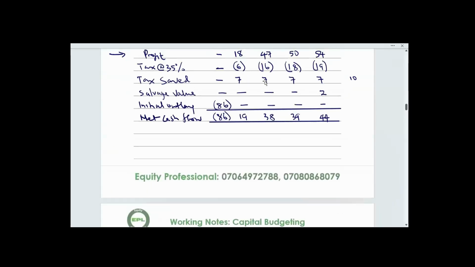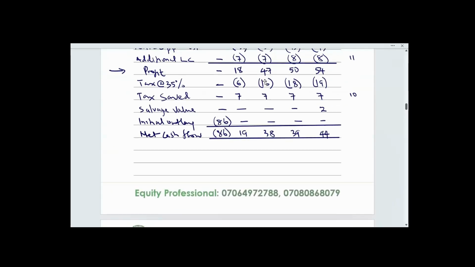Now, when you want to assume your discount rate, you need to compare the size of your cash inflow and the size of the cash outflow. Cash outflow is 86 million. Cash inflow, 44 plus 39 plus 38 plus 19. When you add the four of them together, it should be around 140 million, which is almost double the cash outflow.